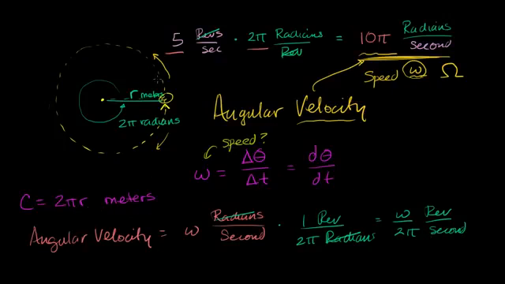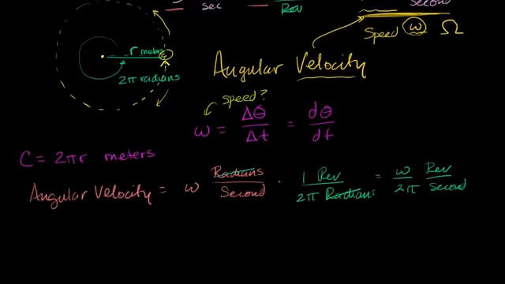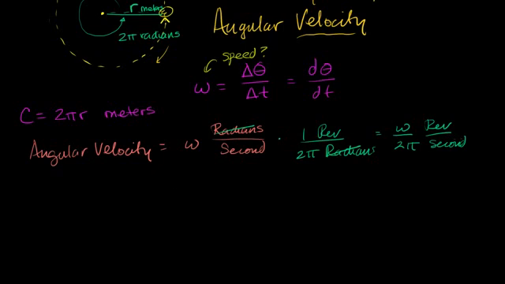But we know how many meters we get per revolution. We have 2 pi r meters per revolution. So let me copy and paste this. Our angular velocity, if we want it in revolutions per second, is omega over 2 pi revolutions per second. And then let's multiply that by, because we want to convert this into meters per second, how many meters we have per revolution.